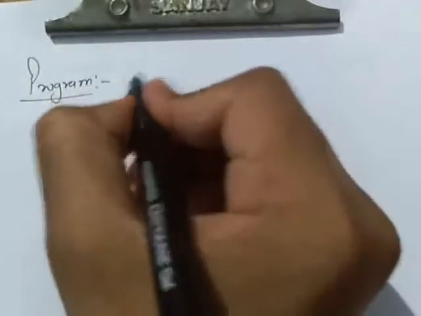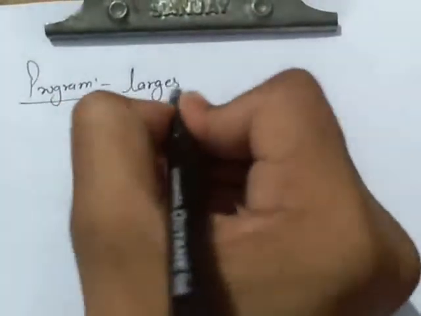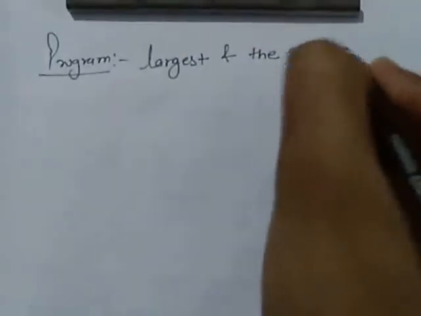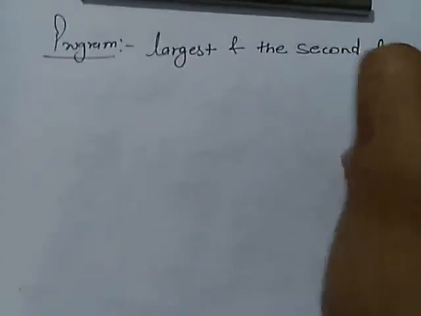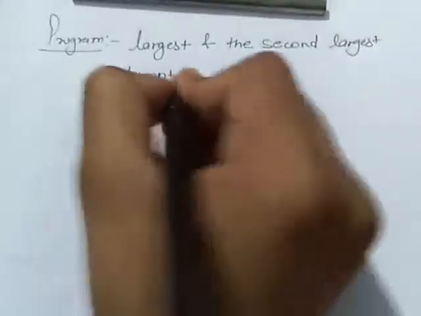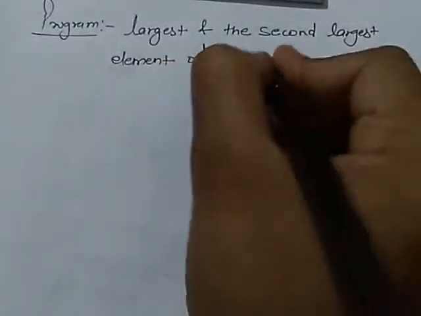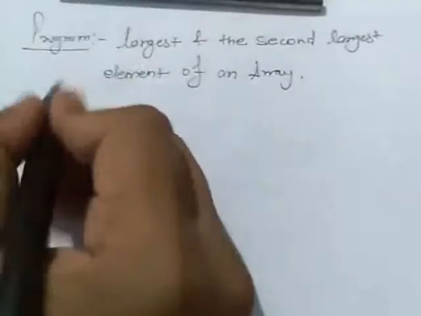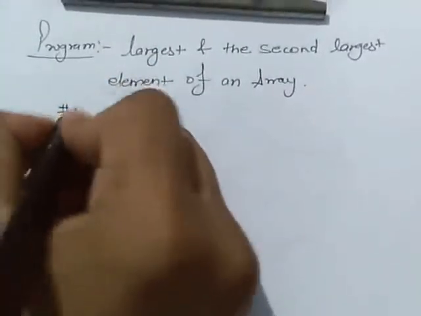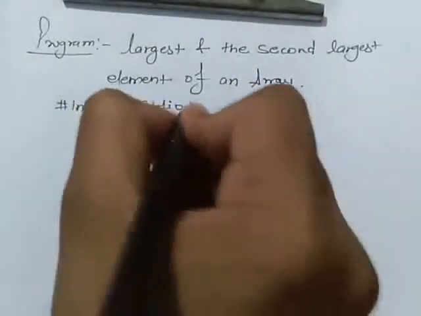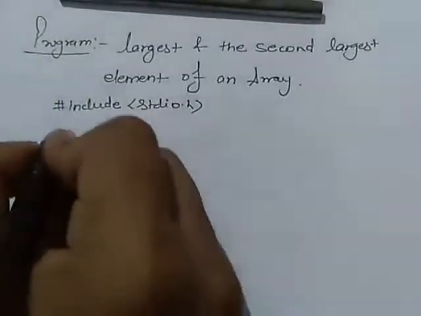In this we will print the largest and the second largest element of an array. Now include a file, include stdio.h, and create a main function.